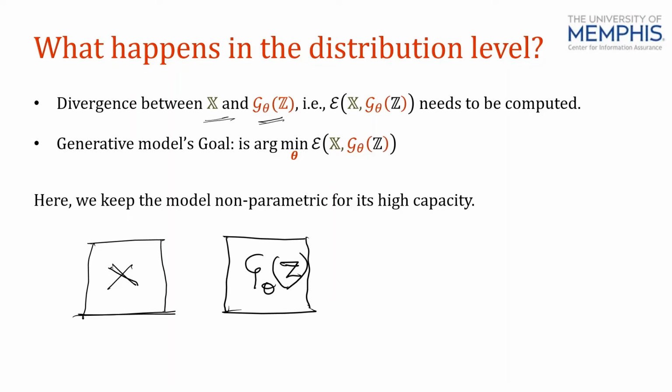So we have to compute the discrepancy between these two, and we call the discrepancy epsilon. Now, from the generative model's goal point of view, we have to minimize this epsilon of x and z. So we need to solve this optimization problem.